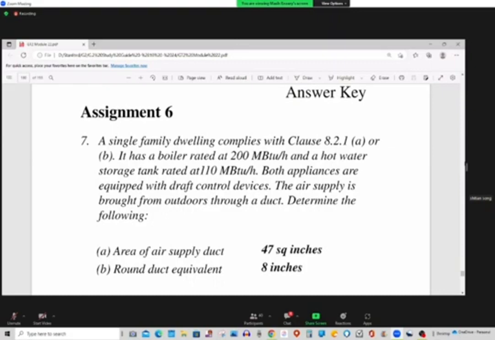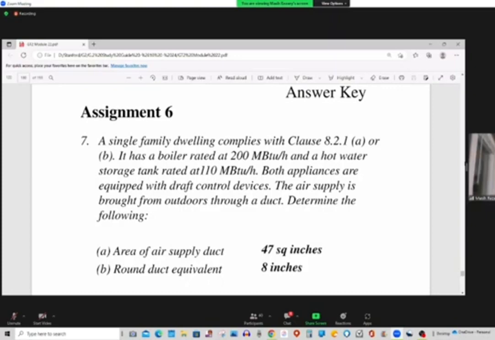Both appliances are equipped with a draft control device. The air supply is from outdoors through a duct. Determine the following. The answer is: A, the area of the air supply duct is 47 square inches. B, the round duct diameter is 8 inches.